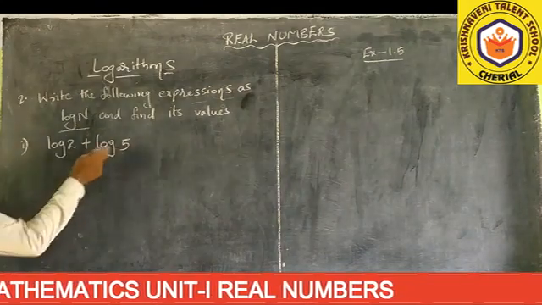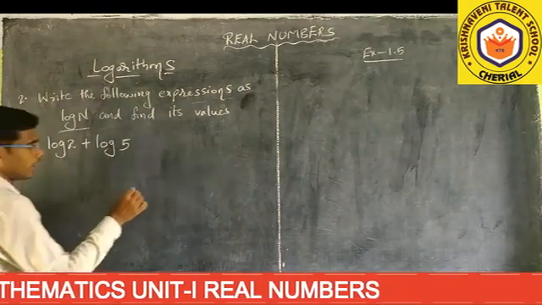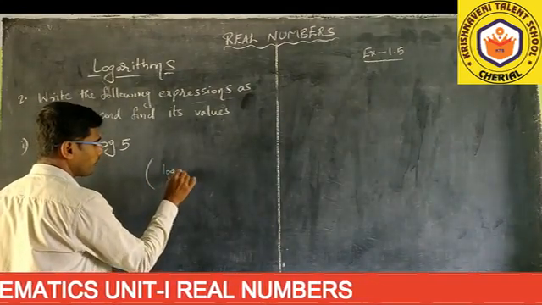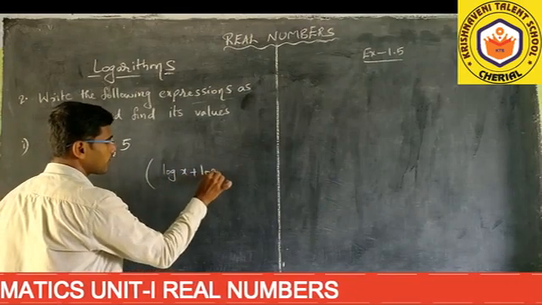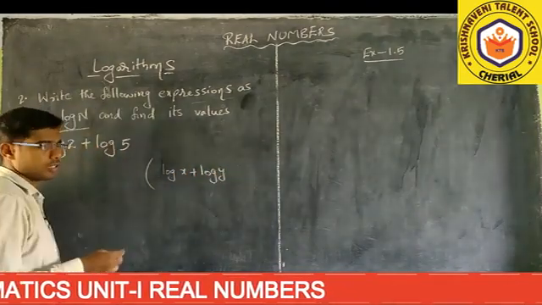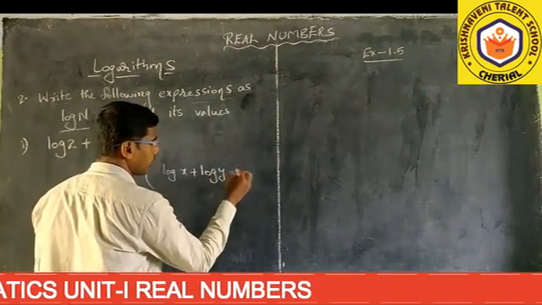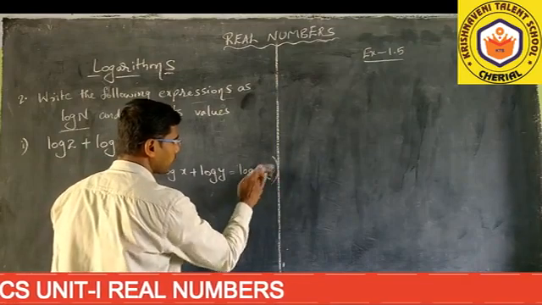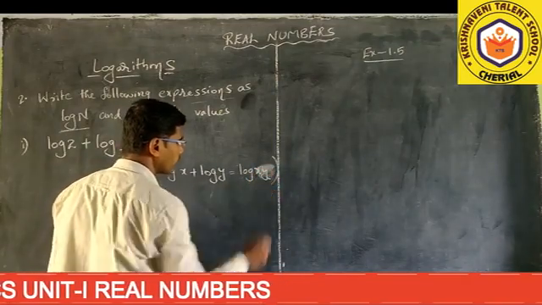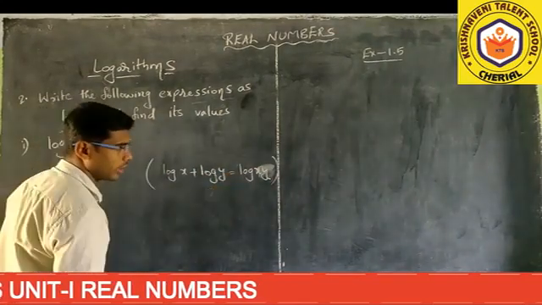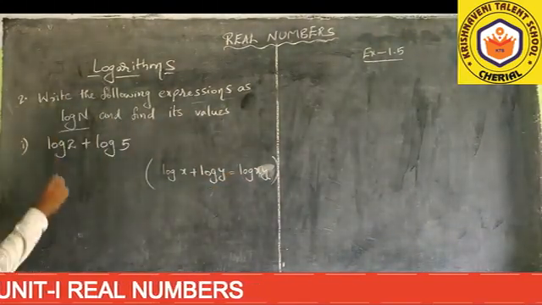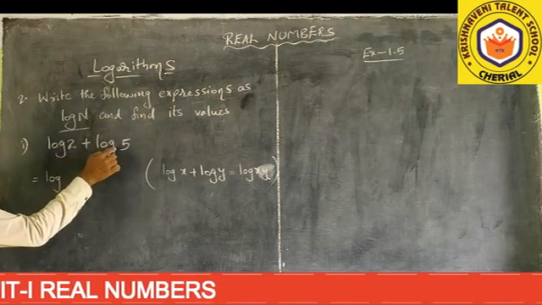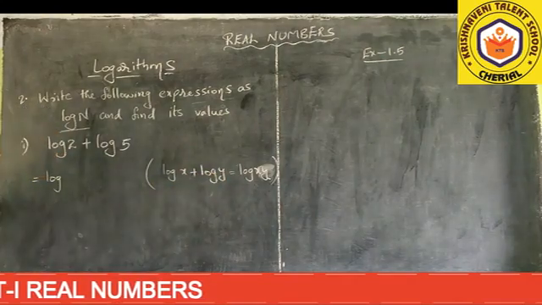Now, log 2 plus log 5, using the laws of logarithms: log x plus log y, already you learned, we can write it as log xy. xy is nothing but x into y.